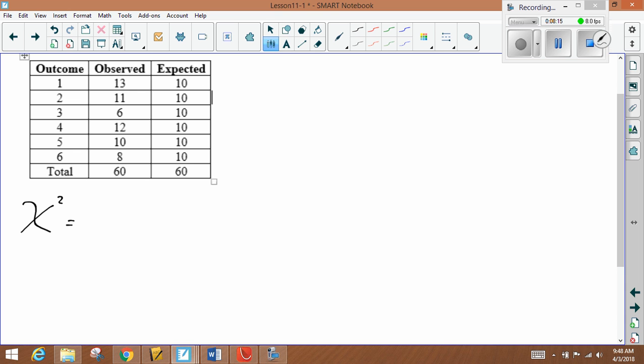So it's the sum of all of these, yeah? So outcome 1, it's always going to be observed minus expected squared over expected plus observed minus expected. And we'll just keep going through.